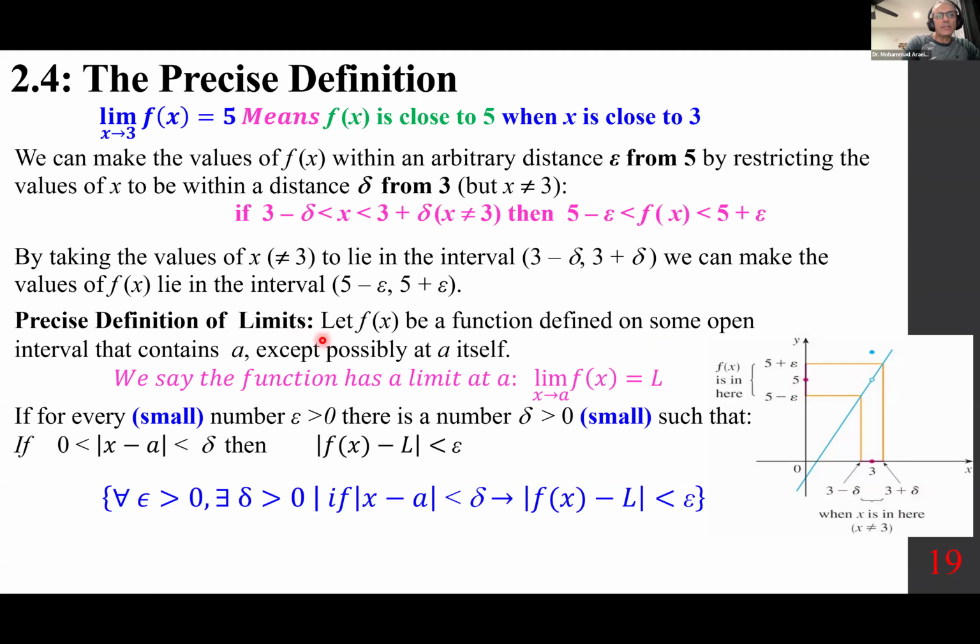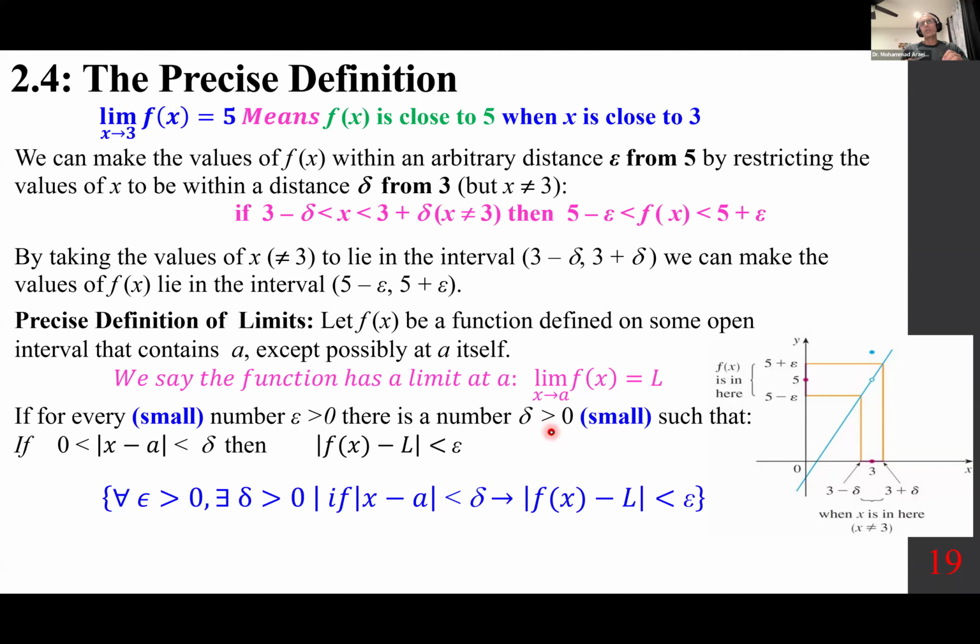Precise definition of limits. Let f be a function defined on some open interval that contains a, except possibly at a itself. We say the function has a limit at a, the limit of f of x as x approaches a equals L, if for every small number epsilon larger than 0, epsilon is a positive number, but it's extremely small, there is a number delta larger than 0, which is small.